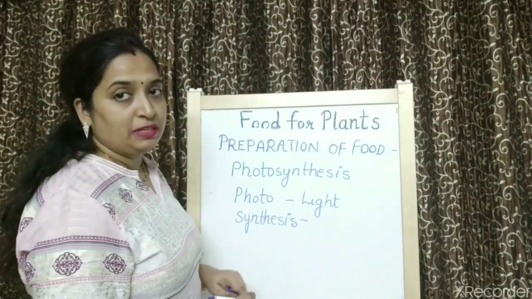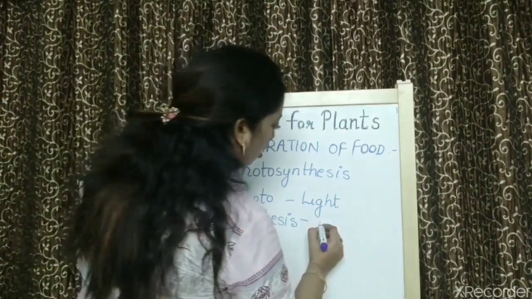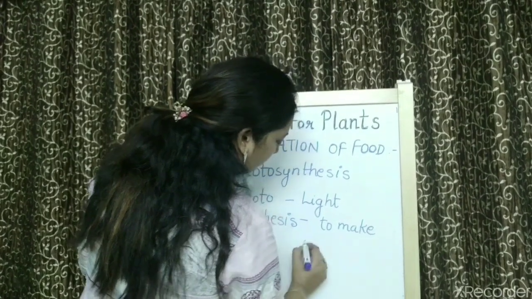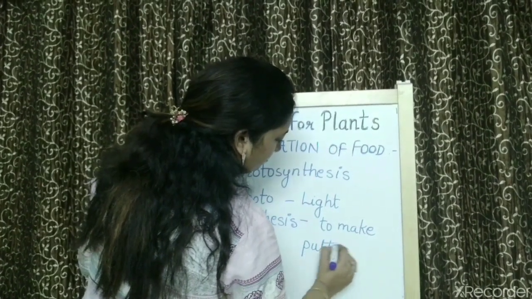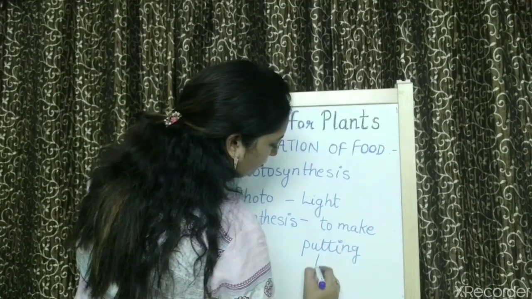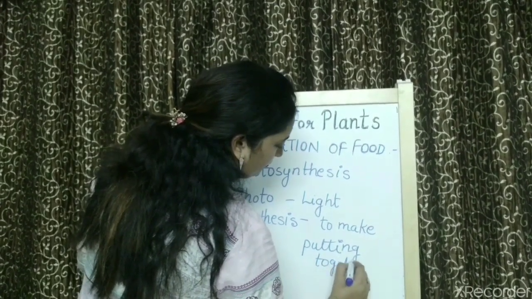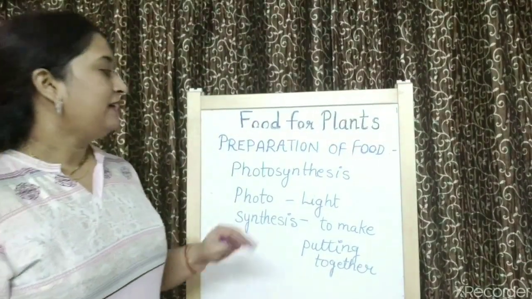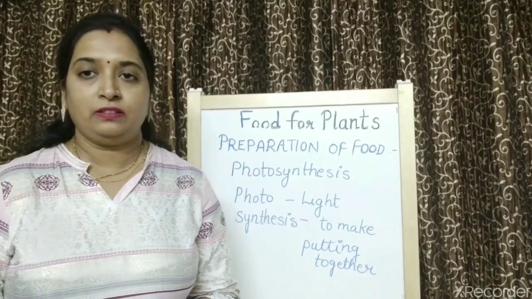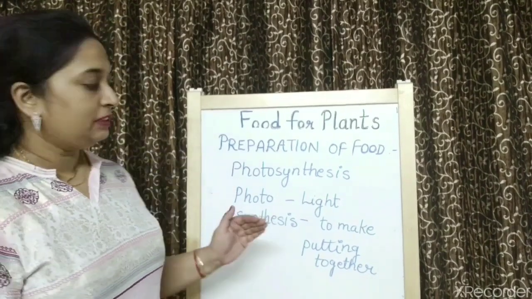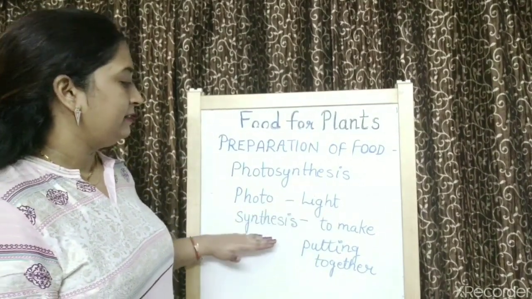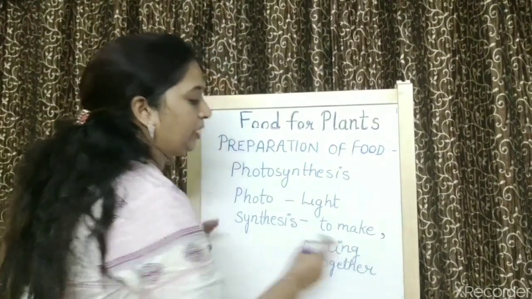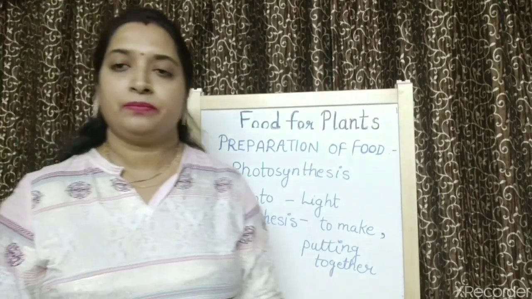And synthesis means putting together or to make. So children, plants make their food by the process called photosynthesis, and photo means light and synthesis means to make or putting together, right?